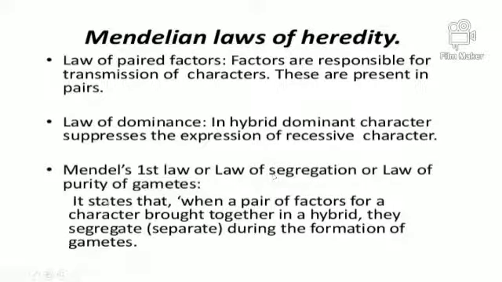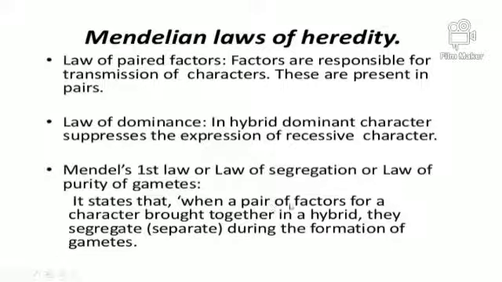Segregation, purity. When a pair of factors for a character is brought together in a hybrid, they segregate, they separate during the formation of the gametes. So when we write the parents, at that time when we have to write the gametes, we separate those parental characters into two gametes, and this separation is called the law of segregation.